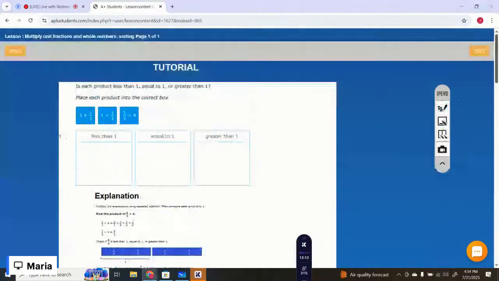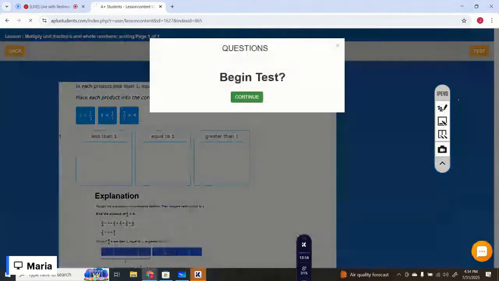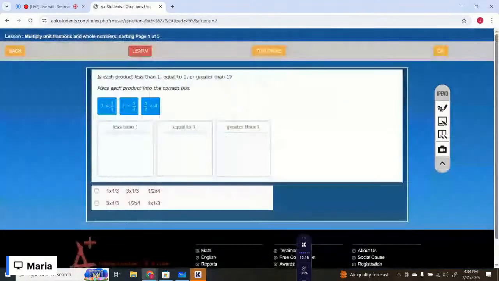So okay, let's just start with the test questions. Is each product less than 1, equal to 1 or greater than 1?